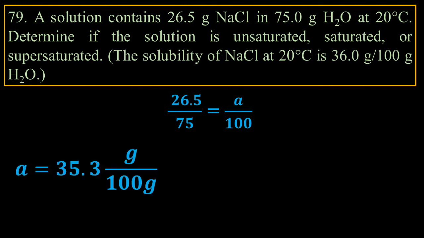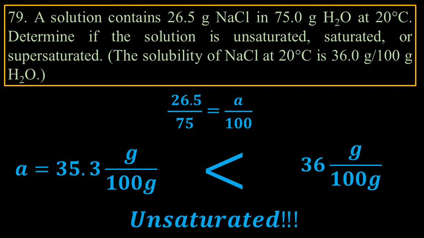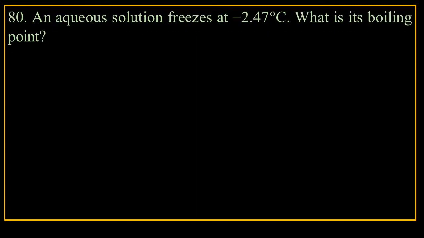If it is 36, it'll be saturated. And it is 35.3, so it is unsaturated. Work it out. 26.5 times 100 divided by 75 is 35.3, which leaves it unsaturated, or less than 36 grams per 100.